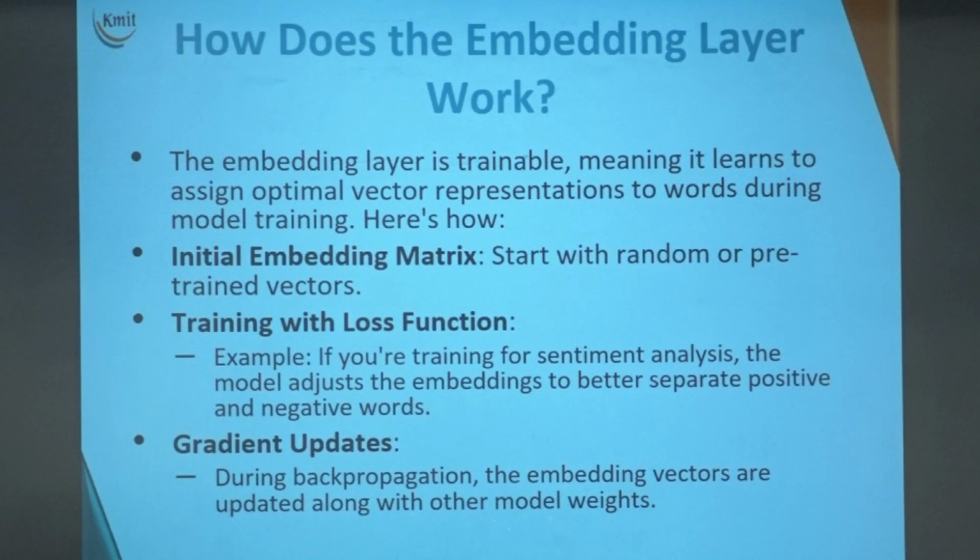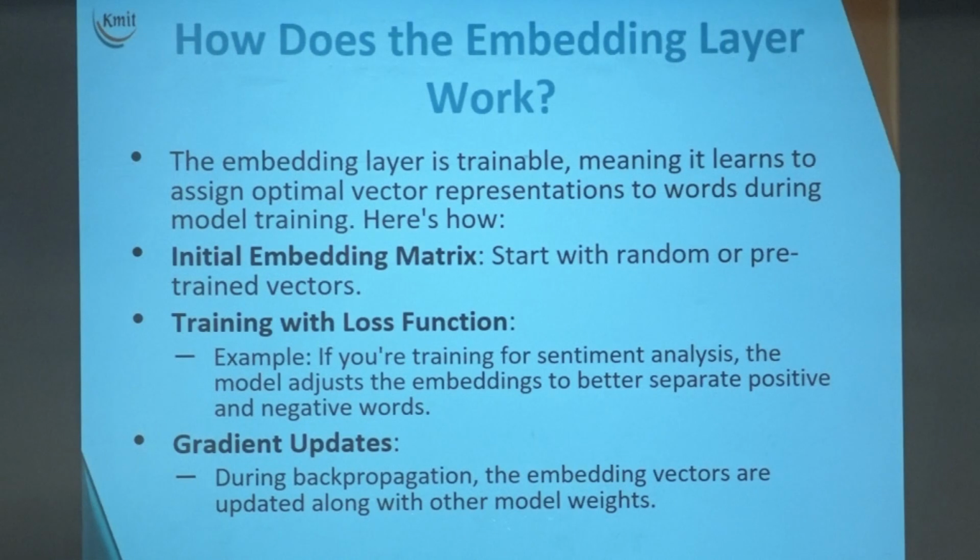Are you understanding? So this is like an upper hand over what you have learned so far. Feed forward, feed back. Now apart from that, embeddings. So the embedding layer is trainable. It learns to assign optimal vector representations to words during model training.